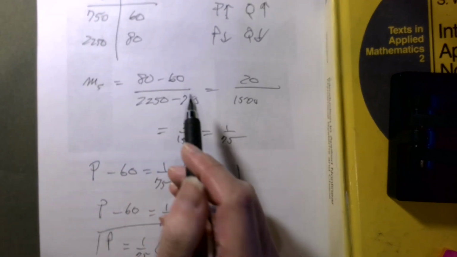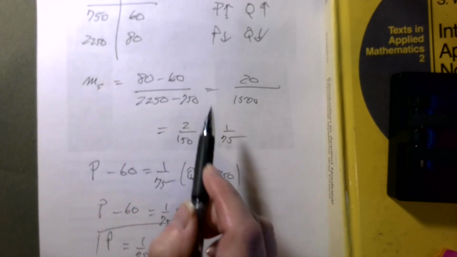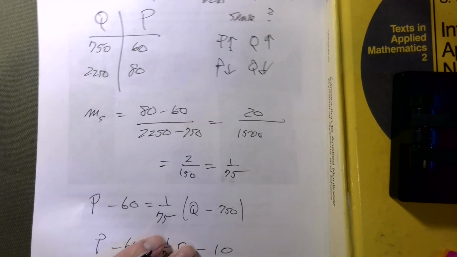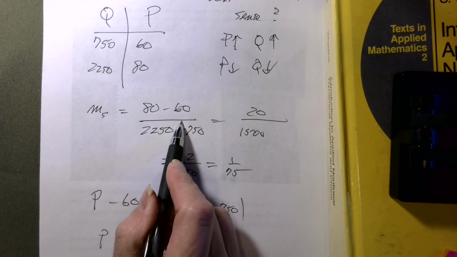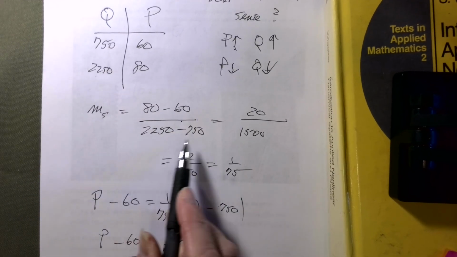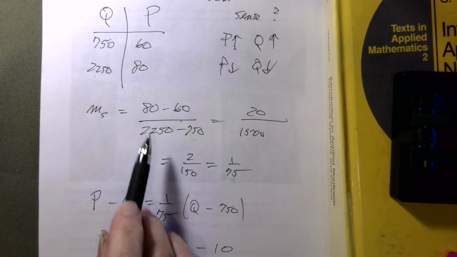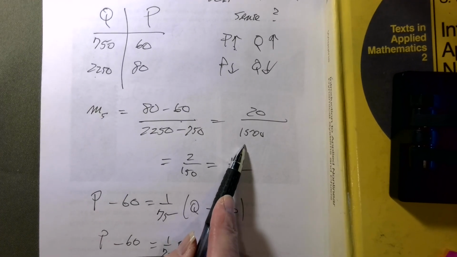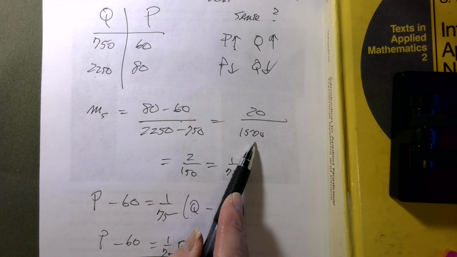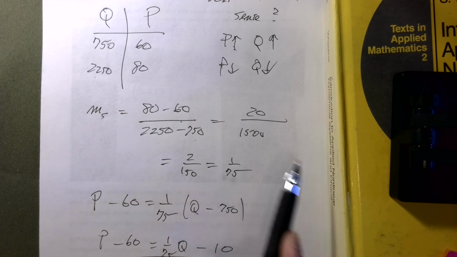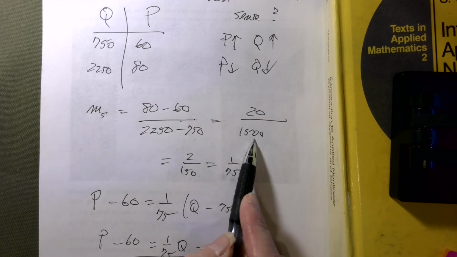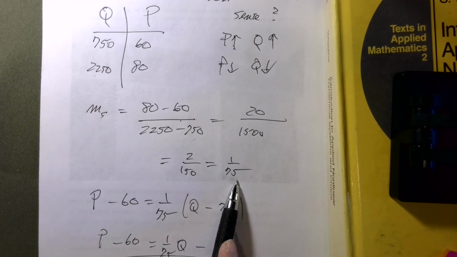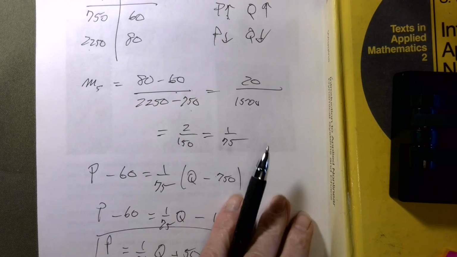So if I take the difference in the y, 80 minus 60, divided by 2250 minus 750, upstairs we're going to get 20, and then we get 1500. Now this can obviously simplify. We could pull out a factor of 10, and then a factor of 2, giving 1 over 75.